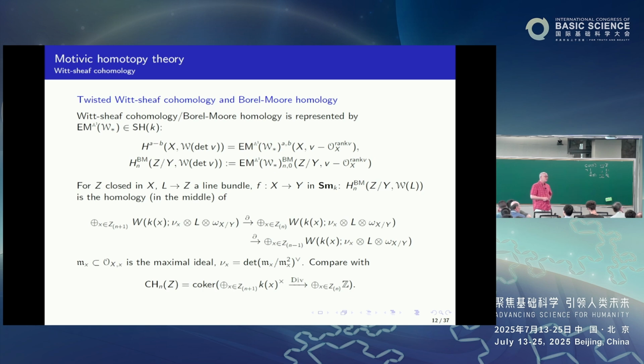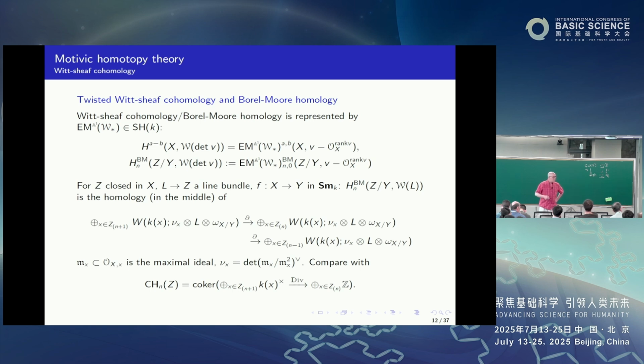But forgetting the twists, an element in H_n Borel-Moore of Z over Y is just gotten by an n-dimensional subvariety, some with coefficients in the Witt groups of the residue field. Then you mod out by something which looks kind of like a divisor map from things of dimension n+1, and you have a further divisor map to things of dimension n-1, which has to be 0 in order to get a cycle in this complex.